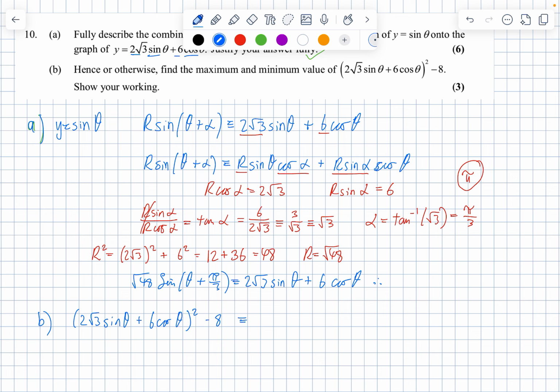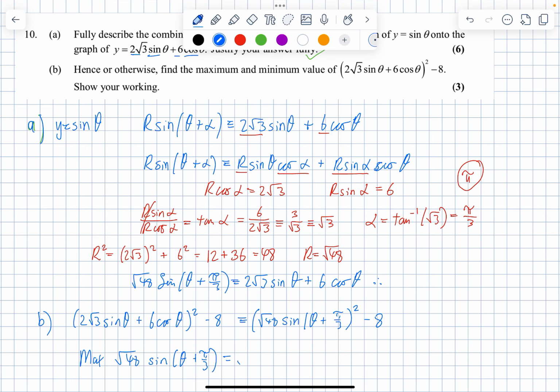And obviously that's going to be, because we've just proved, the same as √48 sine theta plus pi over 3 all squared minus 8. Right, well, let's think. So what's the maximum for √48 sine theta plus pi over 3?